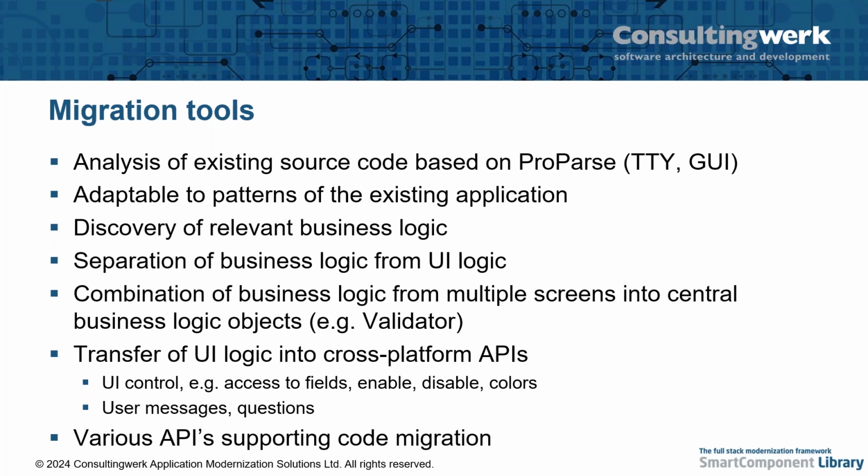We can combine business logic that we find in multiple screens dealing with the same set of database tables into single business logic objects, like maybe a validator class for every aspect of a customer record or something like that. We can transfer UI logic into cross-platform UIs that allow us to use a migrated form of the business logic, both from web applications and from Progress GUI applications, and probably also from a mobile application.